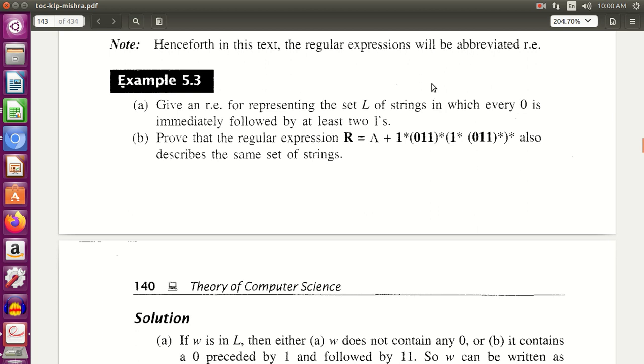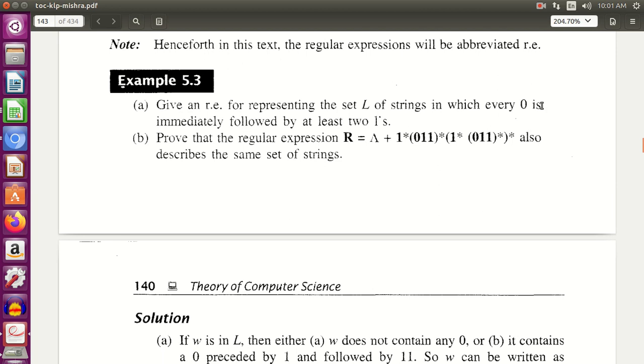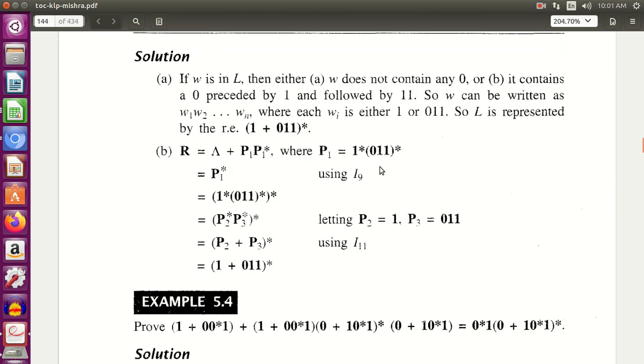Nothing is said, right? So we can have any combination of 1. That is how I am thinking, and I am designing the regular expression. So for the constraint part, 0 immediately followed by at least 2 ones, I have 0 followed by 2 ones, and I can again have a single 1, any combination of 1. So 1 or 0 1 1 and any combination of these. Clear?